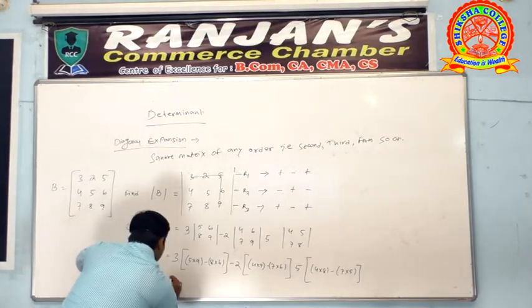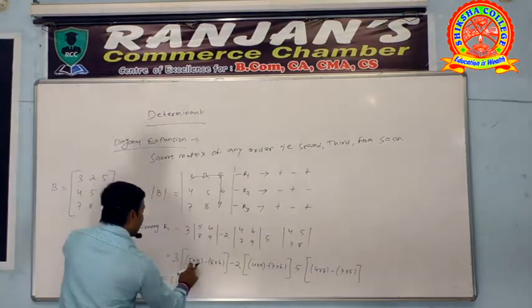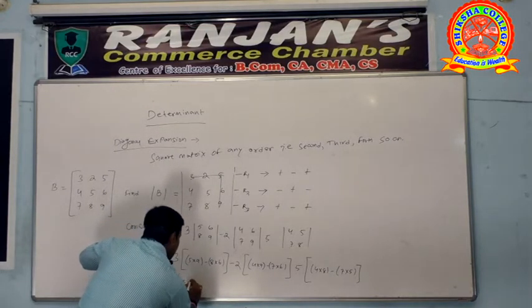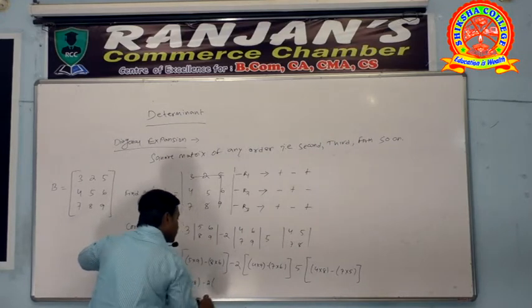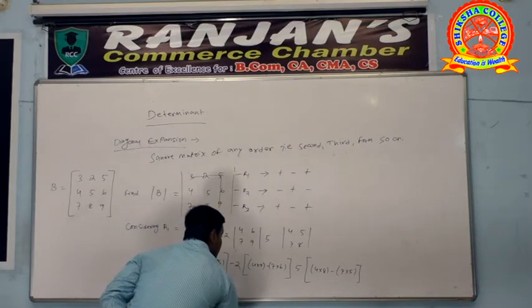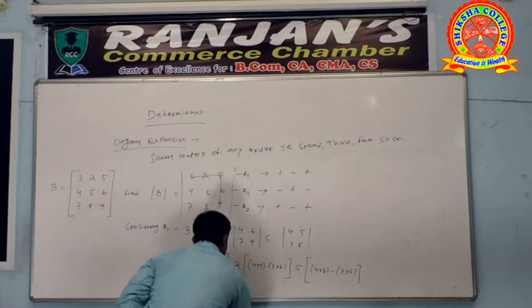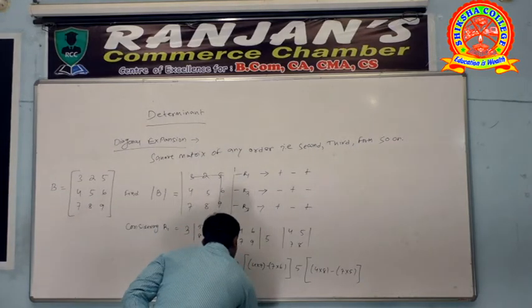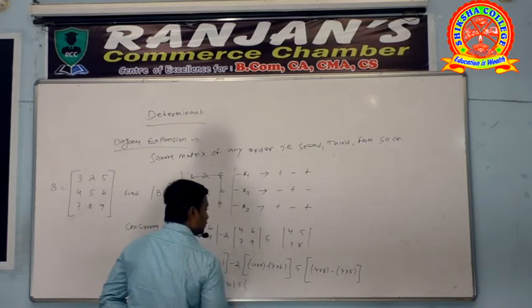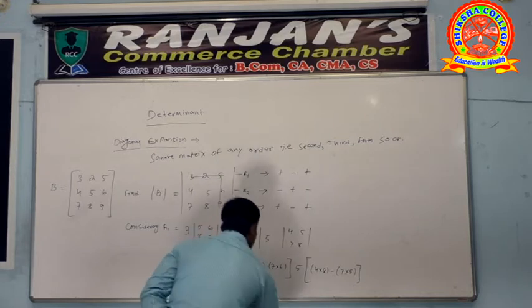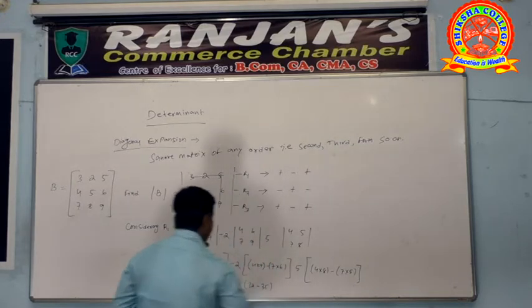So now 3 multiplied by 9, 5, 45. 48 minus 2 into 9, 4, 36 minus 7, 6, 42. Then plus 5 into 8, 4, 32 minus 7, 5, 35.